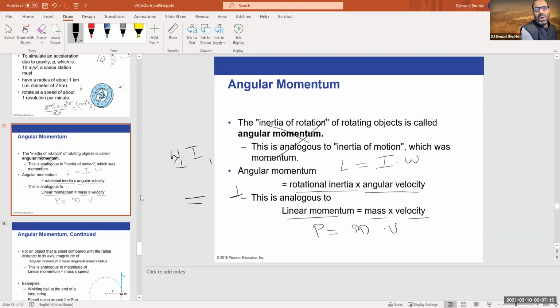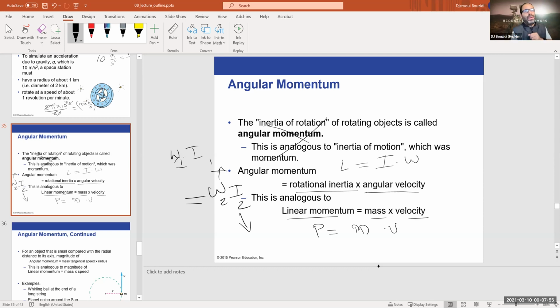When she brings her hands closer, her moment of inertia went down because less mass now is away from the center of rotation. More of the mass is closer to her body now. So she has less mass, less inertia. But then omega needs to go higher. Omega 2 needs to increase to compensate for the decrease in moment of inertia so that the total angular momentum stays the same, because there is no external torque.